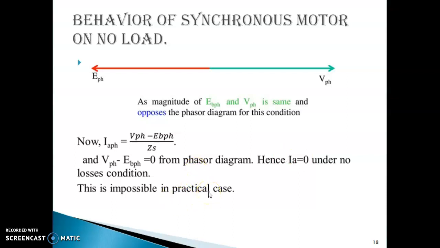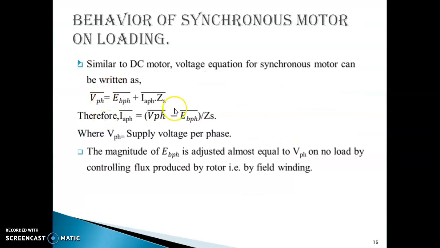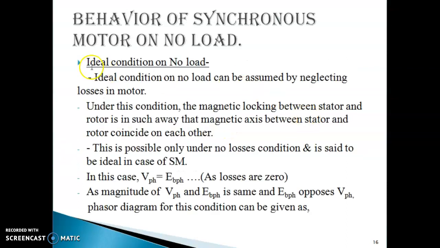This is an impossible case. So in this lecture we have discussed how to analyze the behavior of synchronous motor. For that we have discussed the DC motor back EMF equation and voltage equation, and then we have compared them with the synchronous motor equation, and then we have started with our first case, which is the ideal condition on no load.